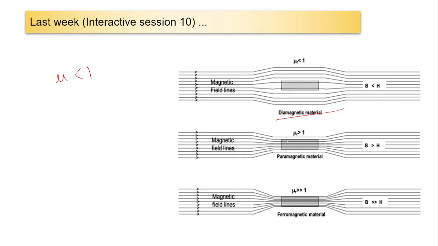When the magnetic permeability is more than one, that is characteristic of paramagnetic materials, where more magnetic field lines tend to pass through them, and thus these materials get easily magnetized. Then we have materials for which permeability is large. Those are ferromagnetic or ferrimagnetic materials.